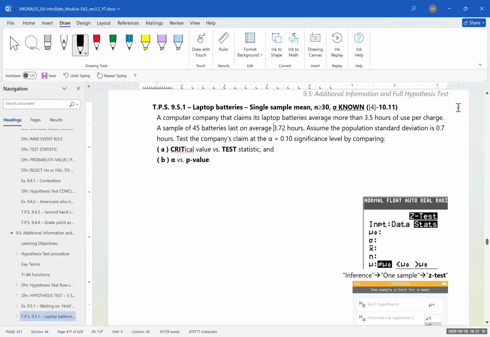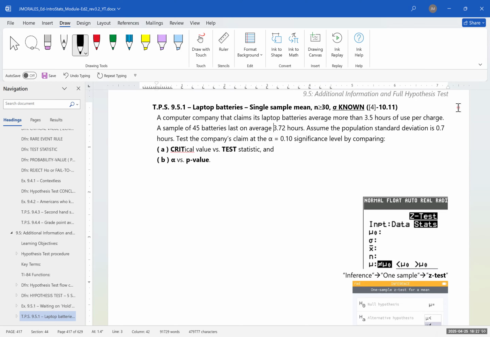Assume the population standard deviation is 0.7 hours. Test the company's claim at the significance level of 0.10 by comparing the critical value versus the test statistic and the significance level versus the p-value.